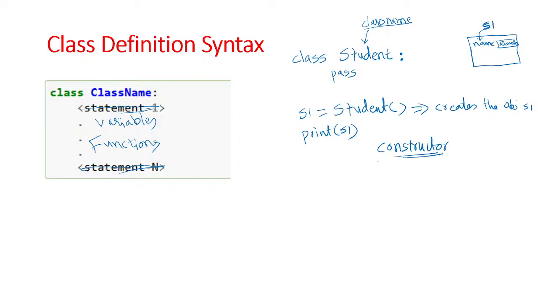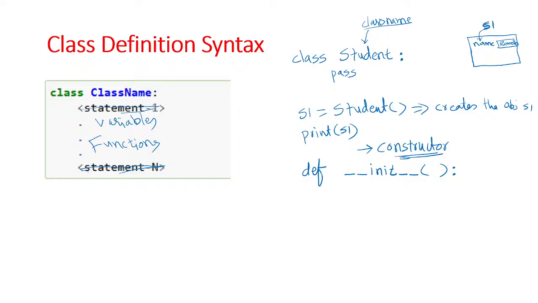Constructor is a special method which has the same name as the class name in other languages. But in Python, the constructor has a special name, underscore underscore init underscore underscore, followed by parenthesis. Here you can pass the values. This is how we should define the constructor.